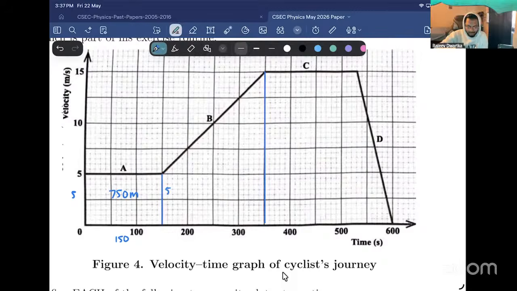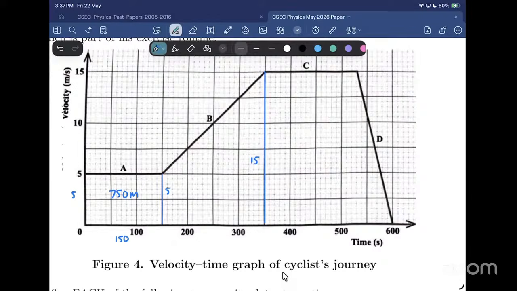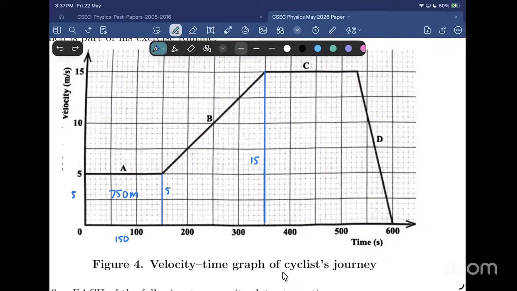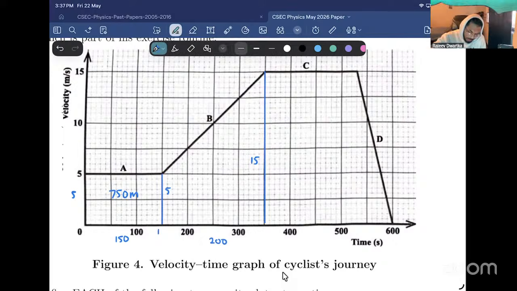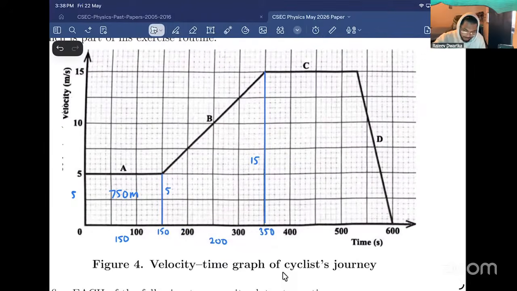So that distance there is going to be 5. What is this distance going to be? 15. And this distance is 200. If you're confused, this is 150 and this is 350. What's the difference between 150 and 350? 200.